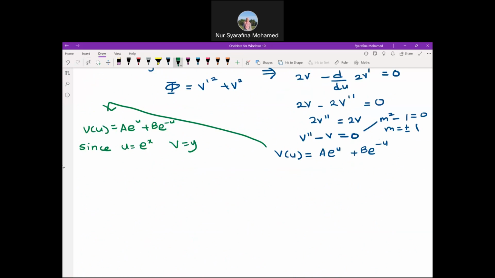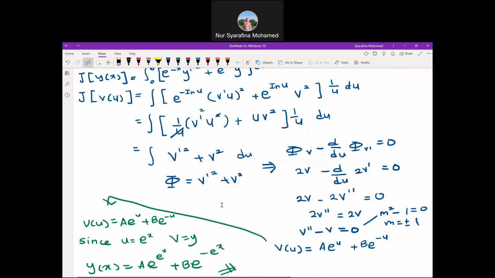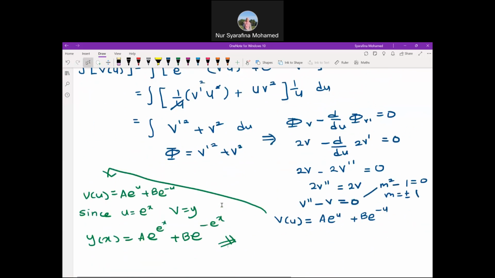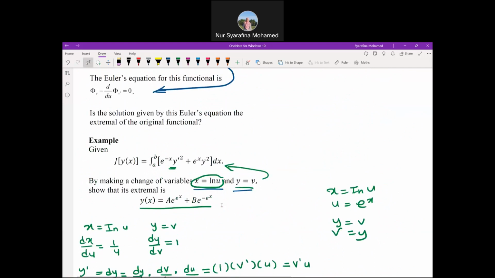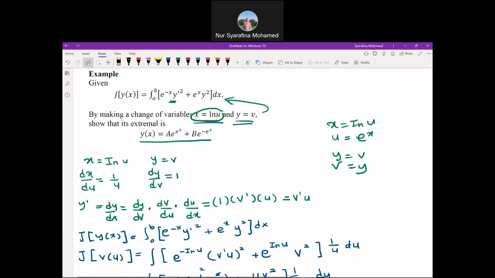What is your v? y(x) now becomes A e to the power of e^x plus B e to the power of minus e^x. Same, right? So by changing this, we can find the extremal in terms of u and v, and also the extremal in terms of x and y, right? Same process, but with some changes of variable, right?